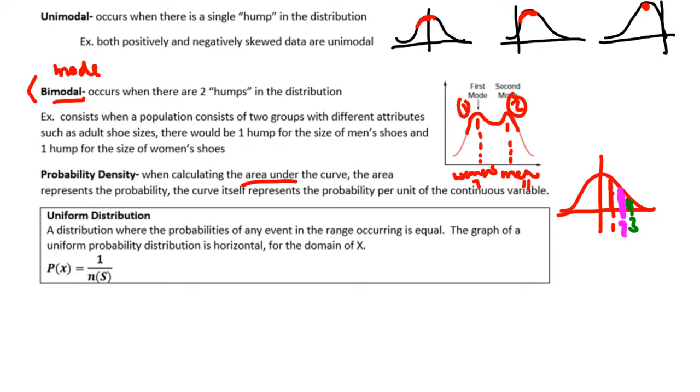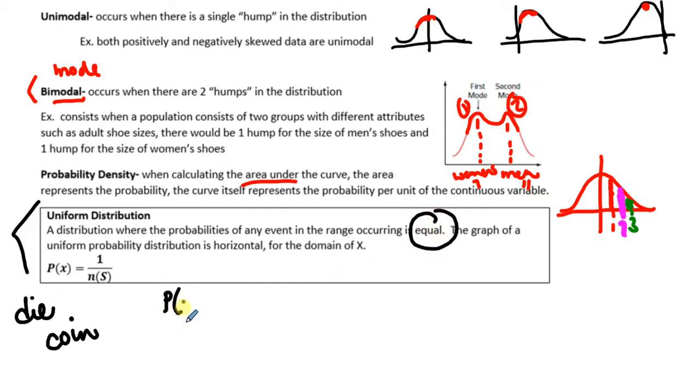Okay, so let's first take a look back at this uniform distribution. And this is the kind of distribution that we focused on in the first couple chapters when we were talking about counting techniques with the permutations and combinations. A lot of these, like rolling a die, flipping a coin, okay, many of these are uniform distributions. So this is a distribution where the probabilities are equal. Okay, so any event happening.